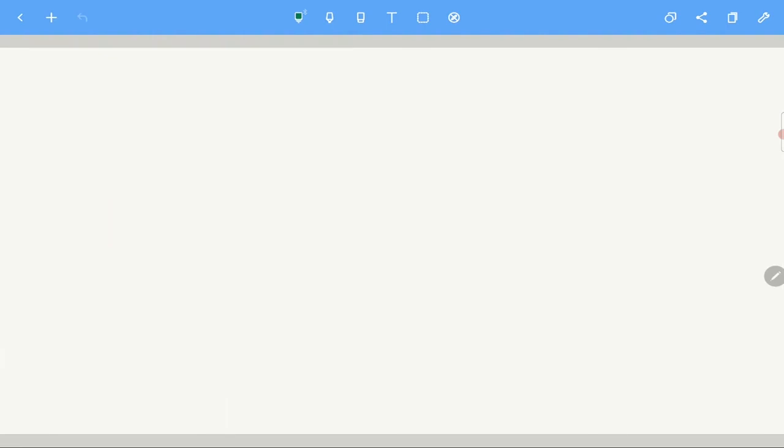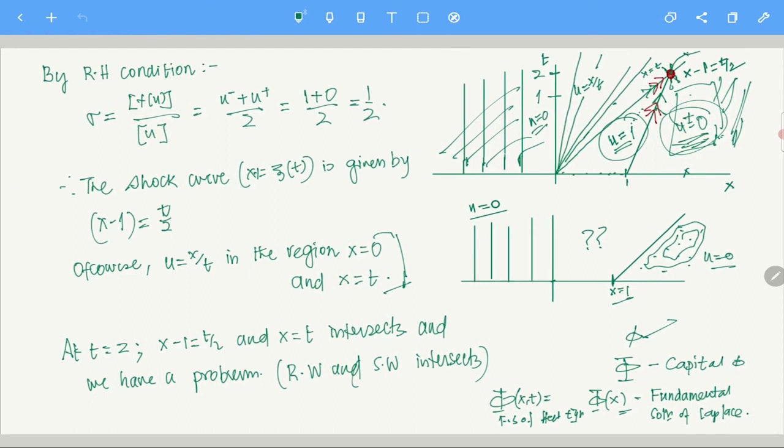So what we have to do is, now again you see, from this point, okay, I have to draw another curve, such that u minus is x by t, because you see u is x by t in this part, okay, and u is 0 on this part, okay.